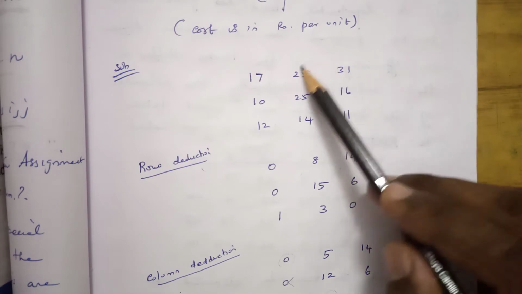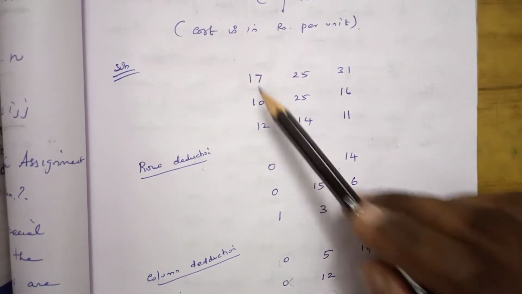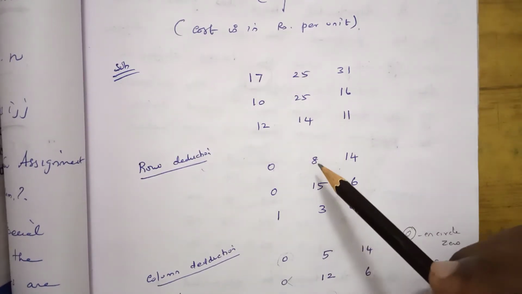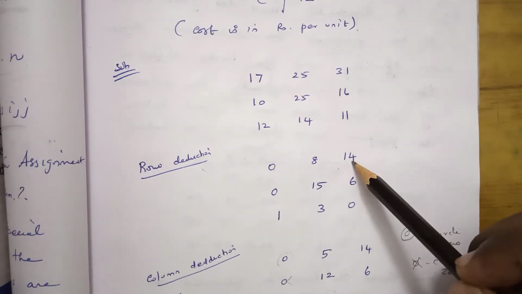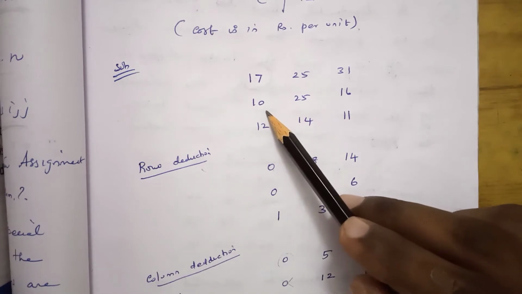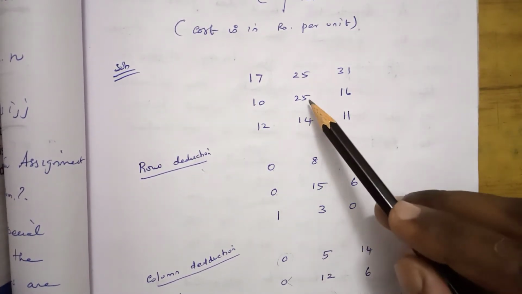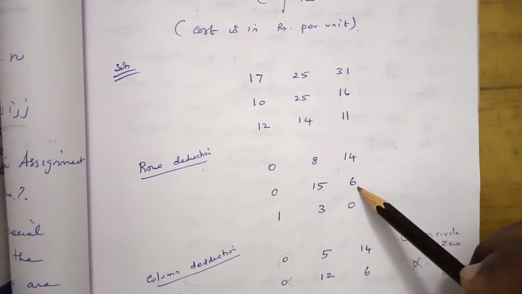So all the first row values are reduced by 17. 17 minus 17 is 0, 25 minus 17 is 8, 31 minus 17 is 14. The first row is over. In the second row the minimum is 10. So 10 minus 10 is 0, 25 minus 10 is 15, 16 minus 10 is 6.